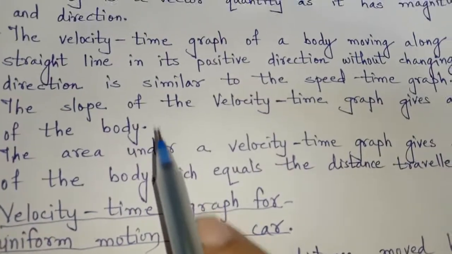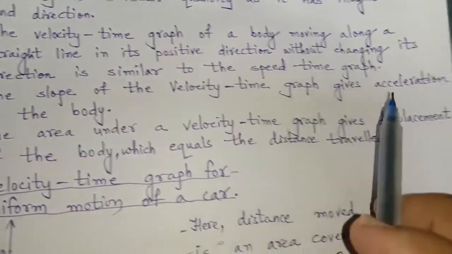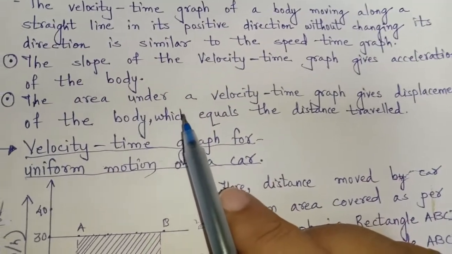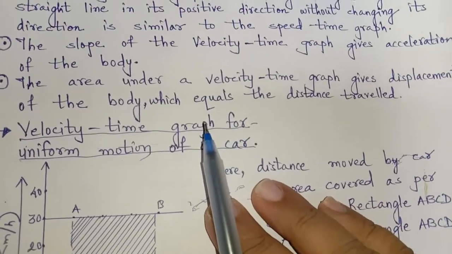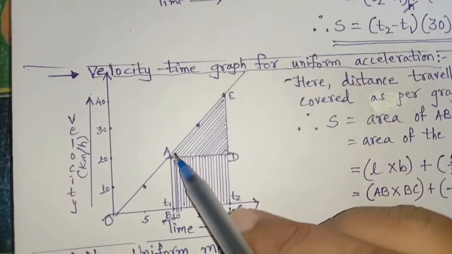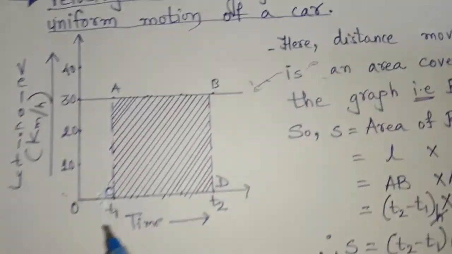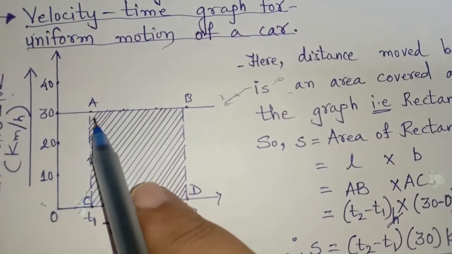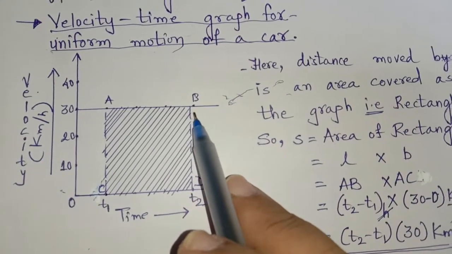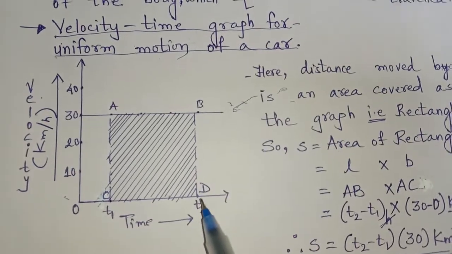So, the slope of the velocity versus time graph gives us acceleration, and the area under a velocity time graph gives us the displacement of the body. Initially the body was here, and finally the body is there. It is the displacement. Here also you can see at initial time the body is here, without changing direction, it is straight line positive, and at final time t the body is there.